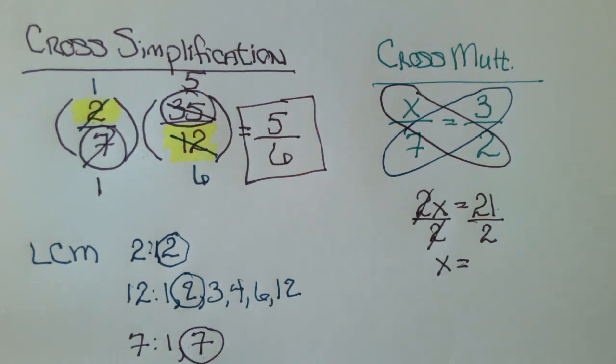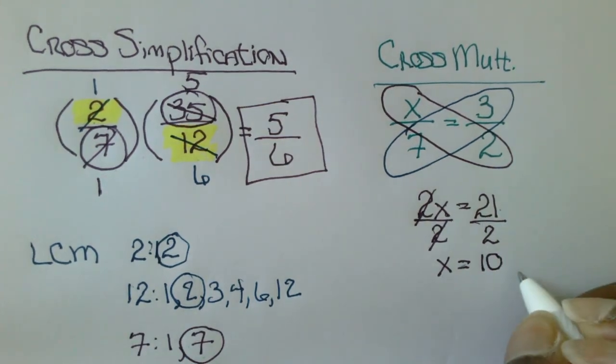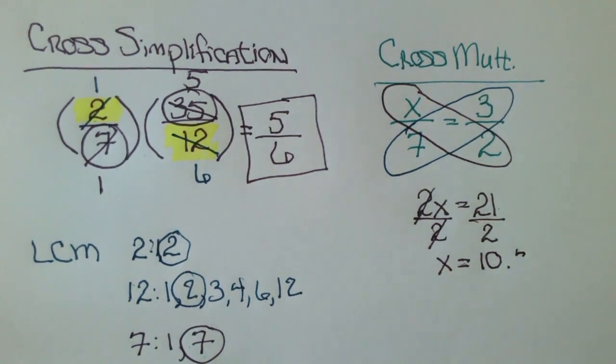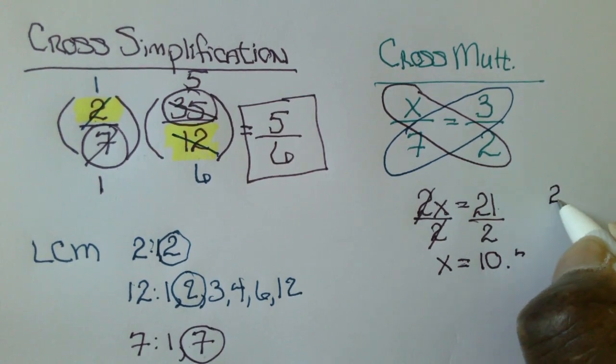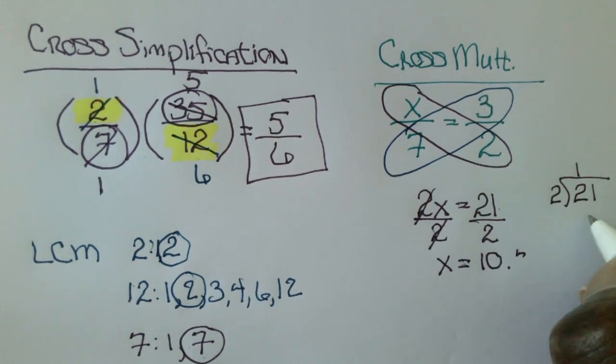If you wanted to make it into a decimal, 21 divided by 2: 2 divided by 2 gives me 1. Now we bring down the 0, then bring down another 0 to make it 10.